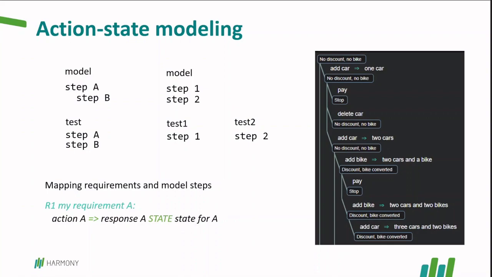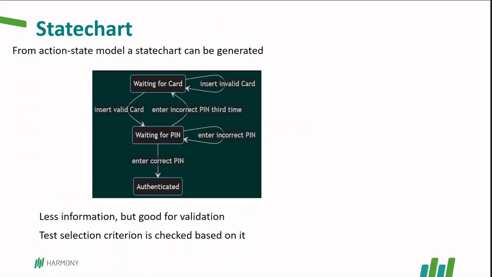And obviously, we should map the requirements and the model and finally the test cases. You can see with green, it's a label, and this can connect the requirement R1 with this model element.